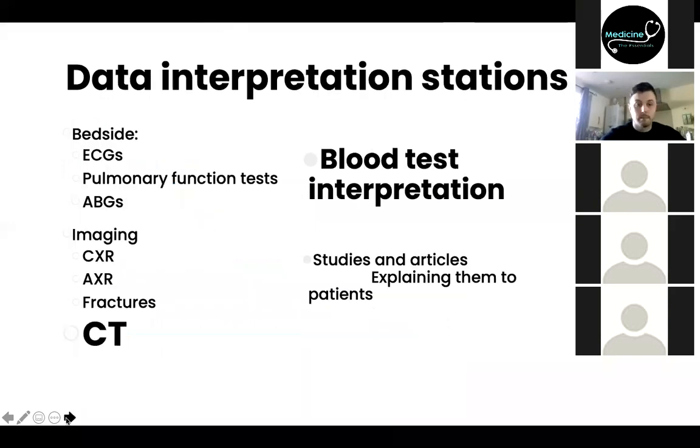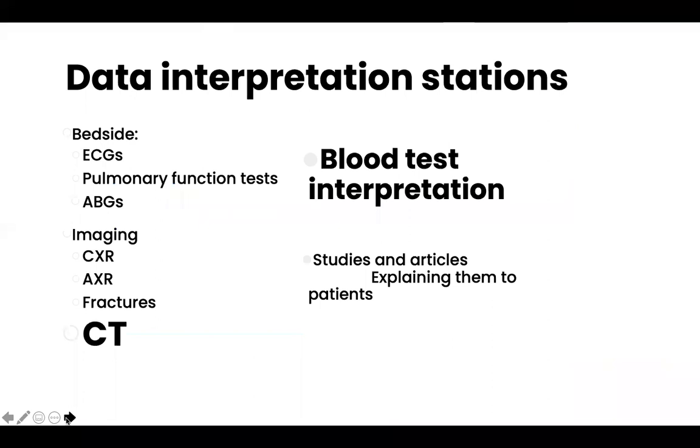Okay, so we'll start with just the background of what we're doing with this specific masterclass series. About 2 weeks ago, we had a talk on ECGs and ABGs, and that is up on YouTube if any of you missed it.